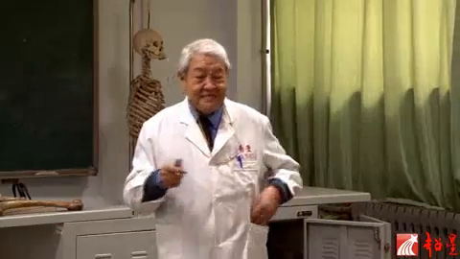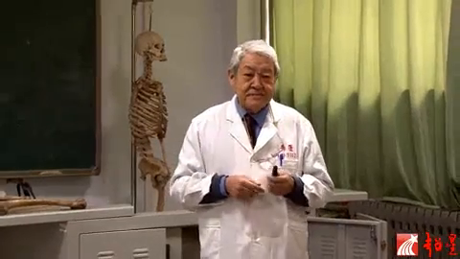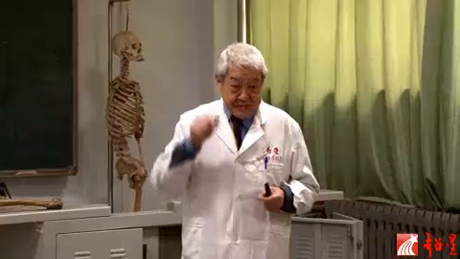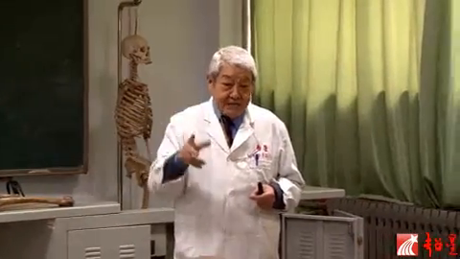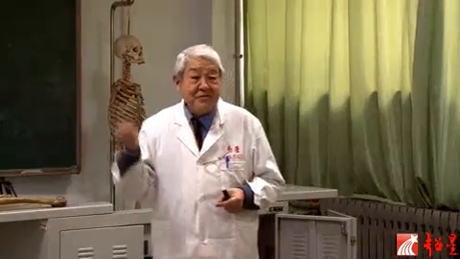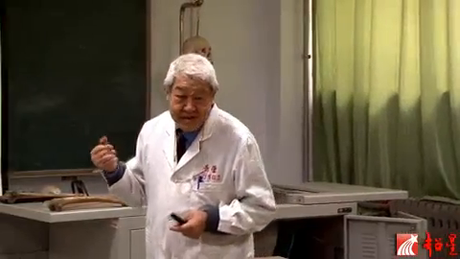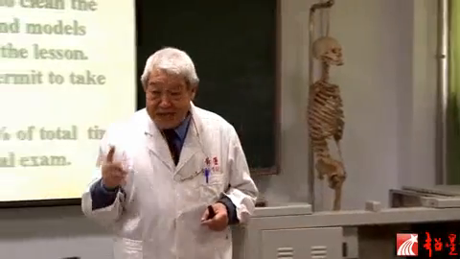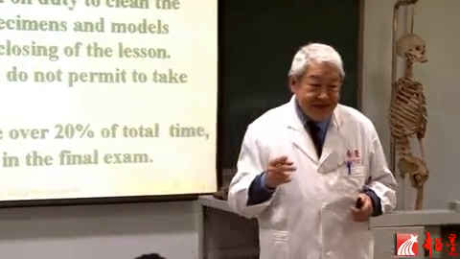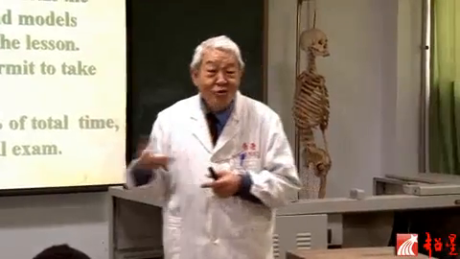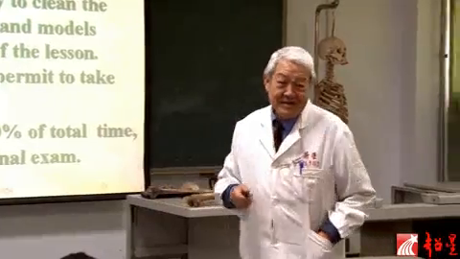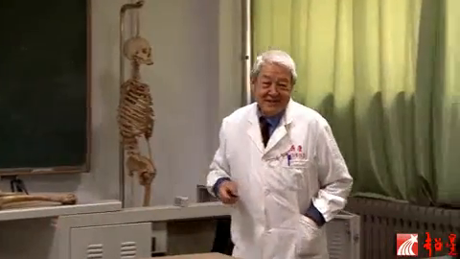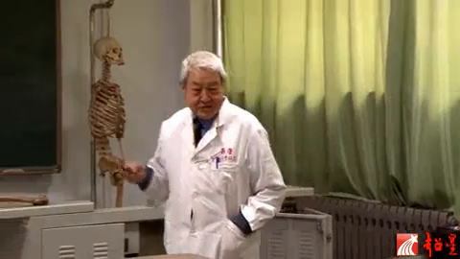In other words, the record of this course is about 70% from the final examination, 20% from the mid-term examination, and 10% for the homework and attendance. I ask you to follow these rules.